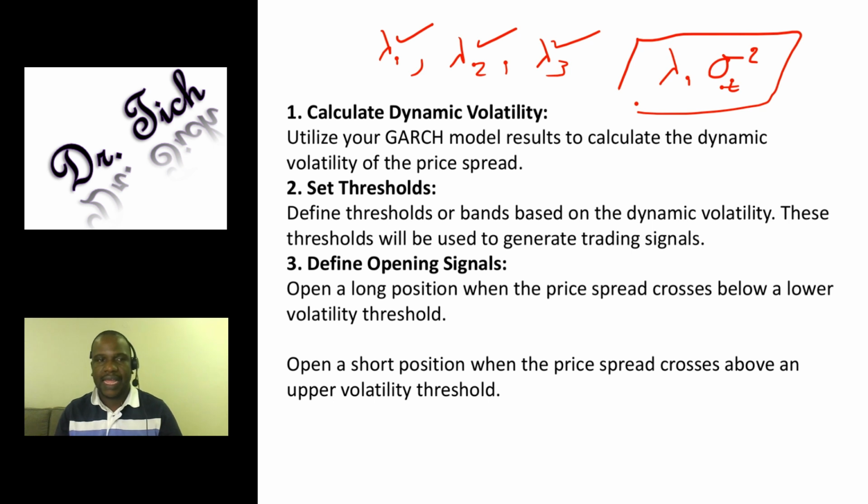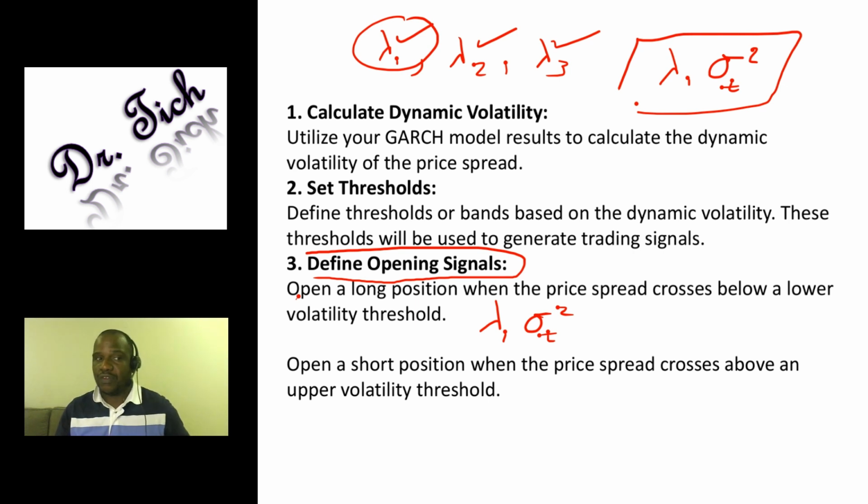So define opening signals. Lambda 1 is the opening signal, and it is lambda 1 of sigma squared t. Then you must explain what happens with the opening signal.